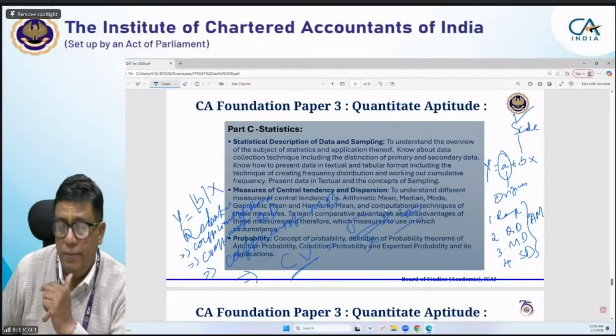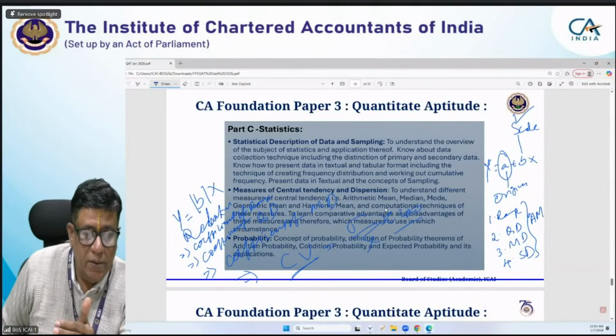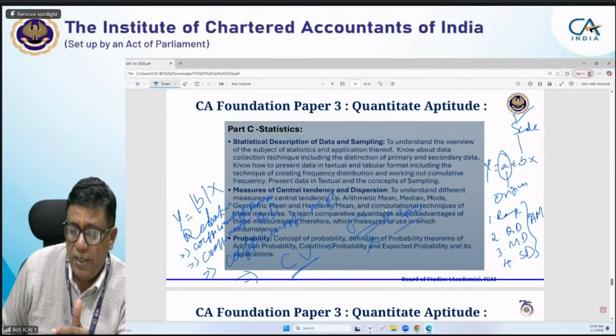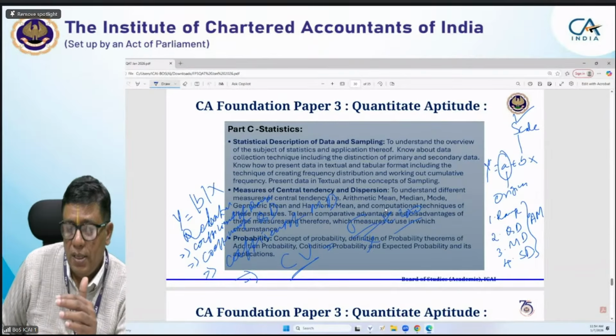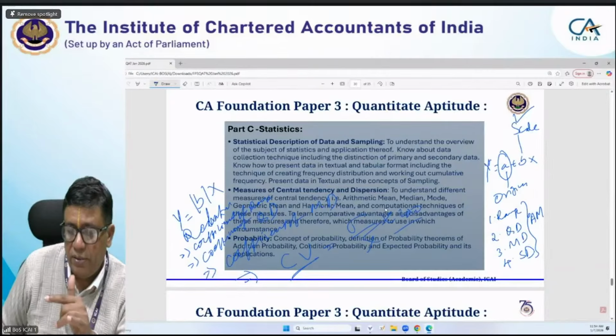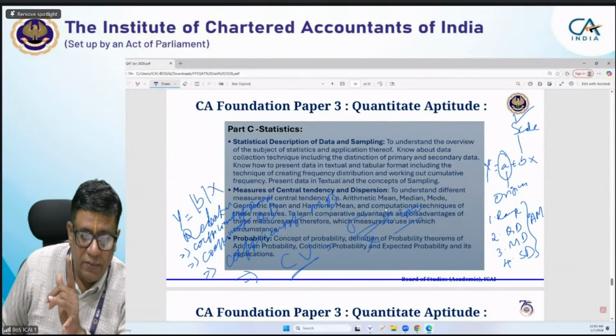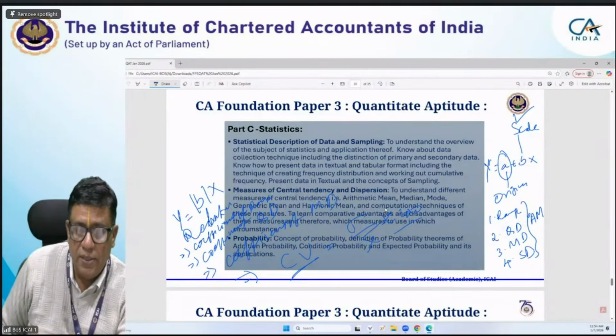These are the various types of relative measures: coefficient of range, coefficient of mean deviation, coefficient of quartile deviation, and coefficient of variation, which is standard deviation by mean into 100.